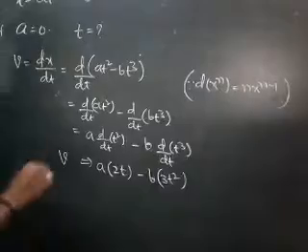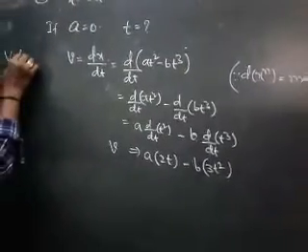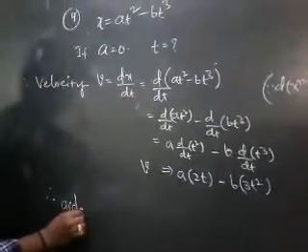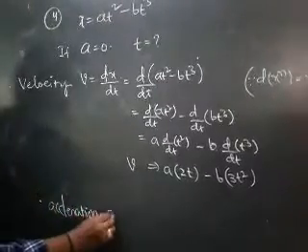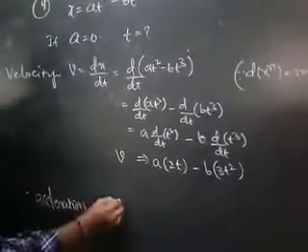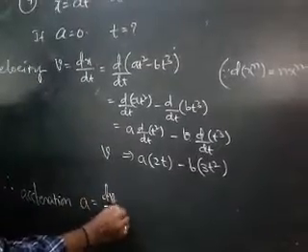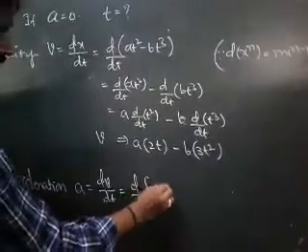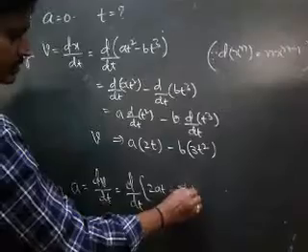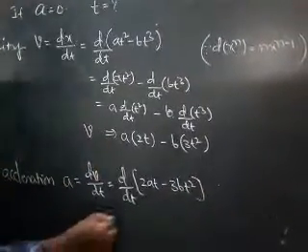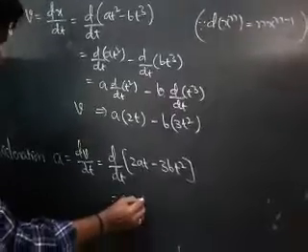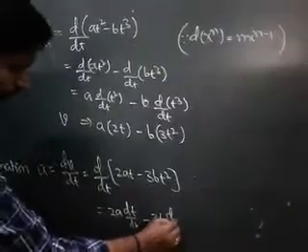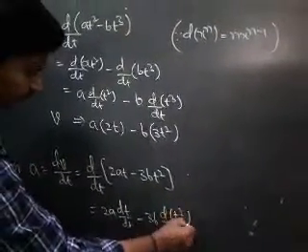This is the velocity. Now we can find acceleration next. Acceleration is equal to rate of change of velocity, that is dv divided by dt, d by dt of 2at minus 3bt square. Again we can apply derivative. Therefore 2a into dt by dt minus 3b into d by dt of t square.